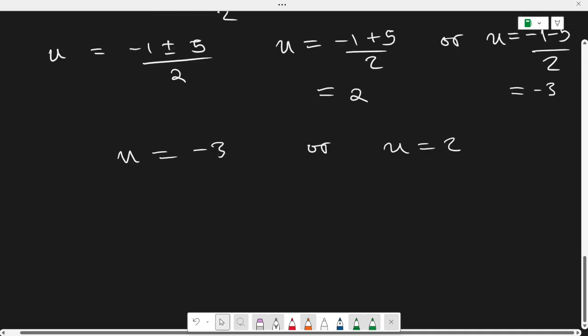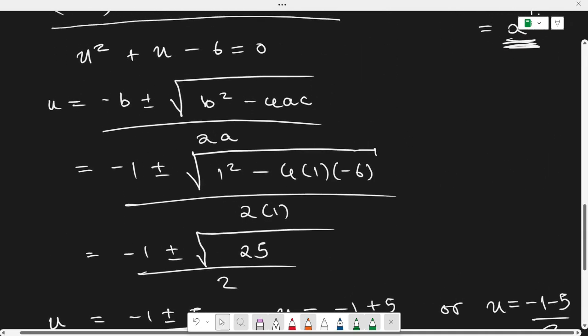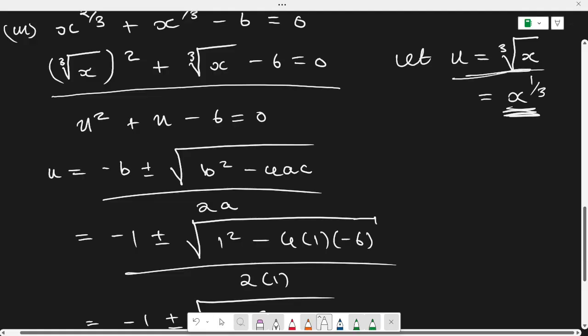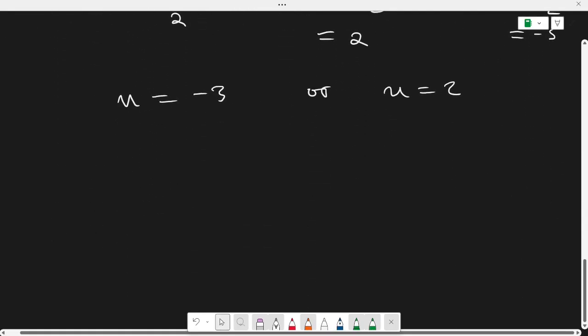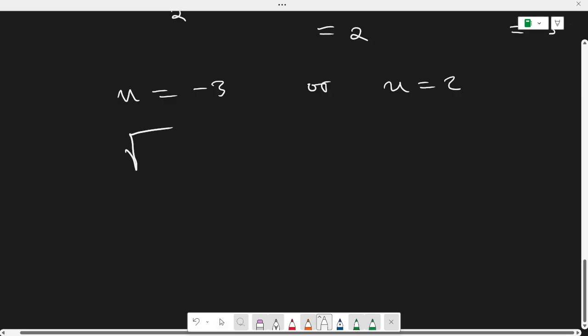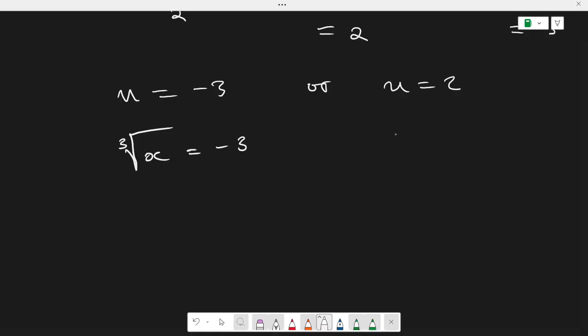Now what we need to do is to bring back this part. Okay, so we have this and this, and to get rid of the cube root, we raise to the power 3 on both sides.